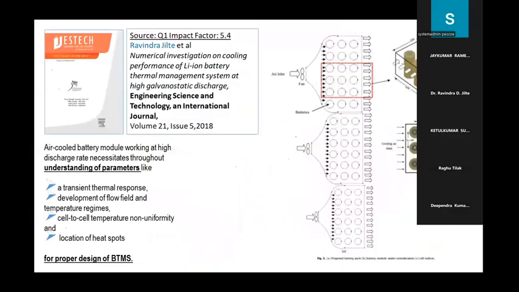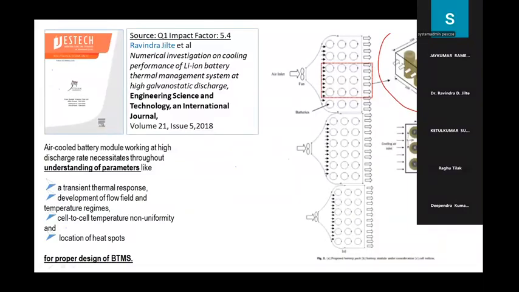So this kind of geometry, I took this geometry and tried to analyze the situation by taking only 9 batteries.